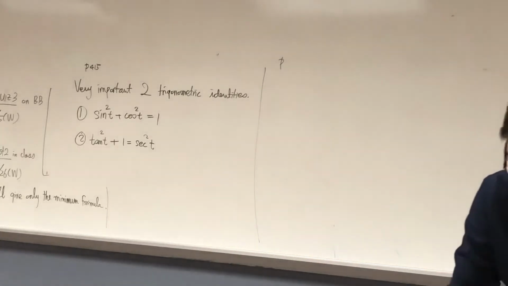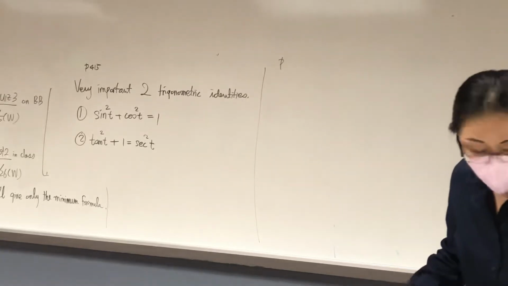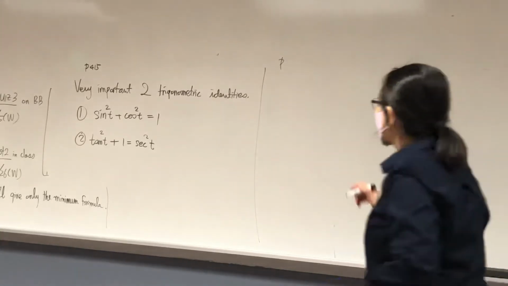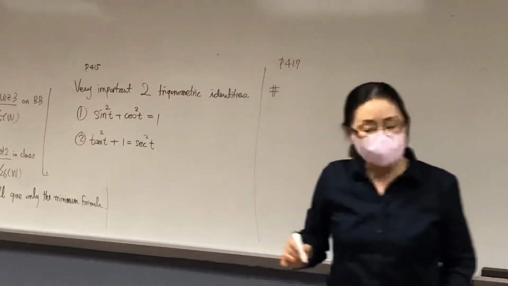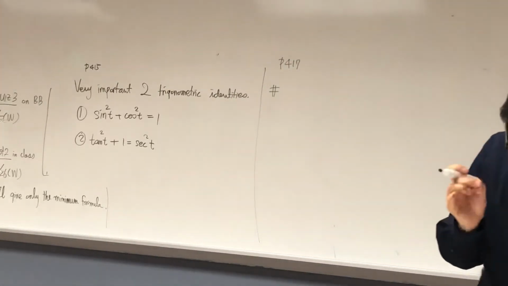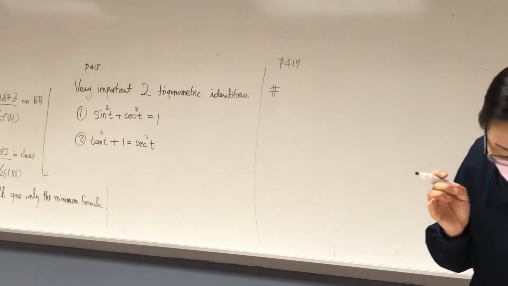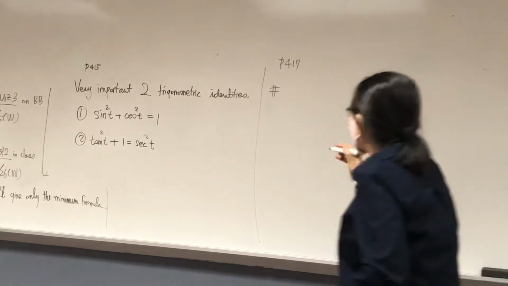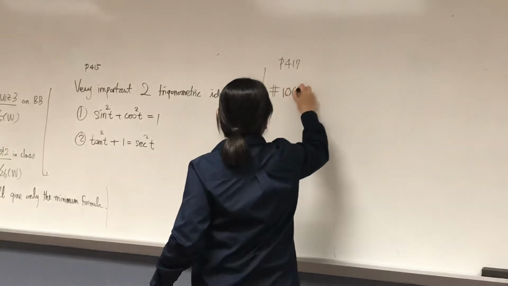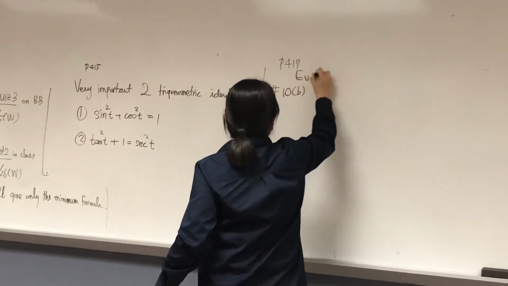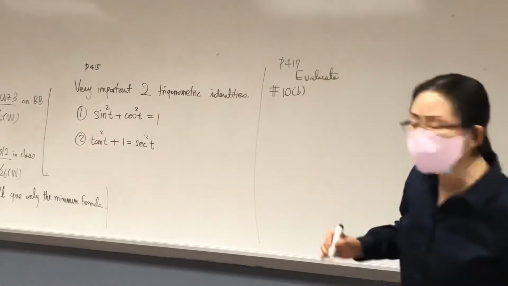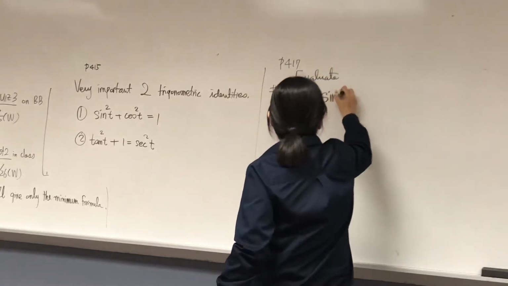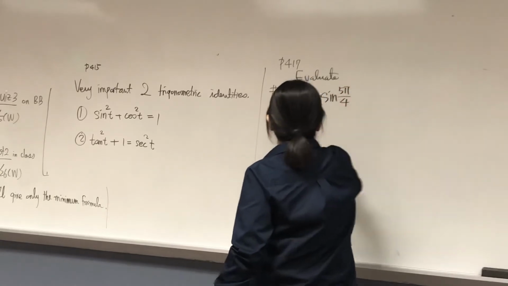Let's do page 417. Number 10B. Evaluate sine 5 pi over 4.